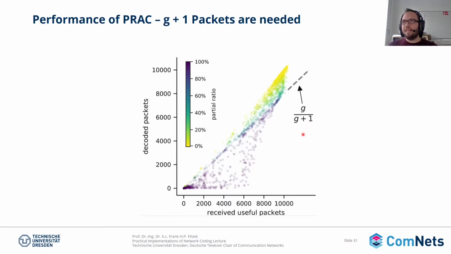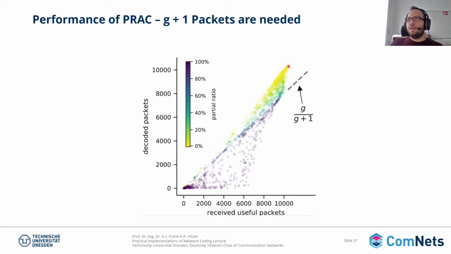So if we look at this plot, this is the number of decoded packets on the y-axis. On the x-axis, you have how many useful packets were received. And the color coding means the ratio between correct and partial packets, right?